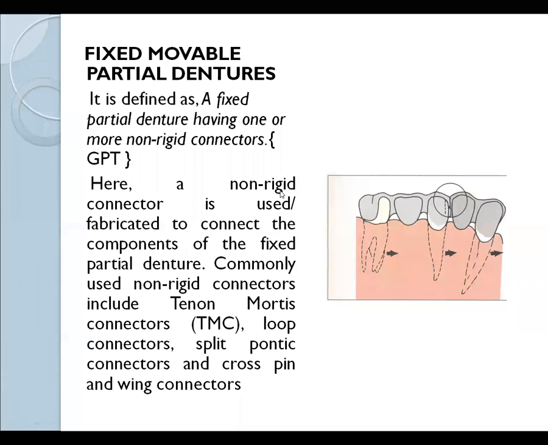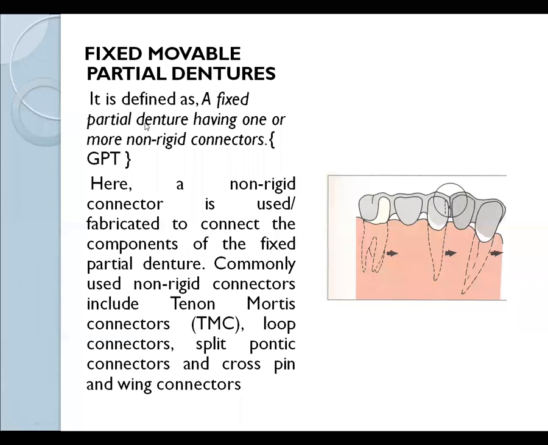Here, a non-rigid connector is used, fabricated to connect the components of the fixed partial denture. Commonly used non-rigid connectors include tenon mortise connectors, loop connectors, split pontic connectors, and cross pin and wing connectors. In this picture, you can see this is fixed with a movable connector. That is the non-rigid connector which is used here.